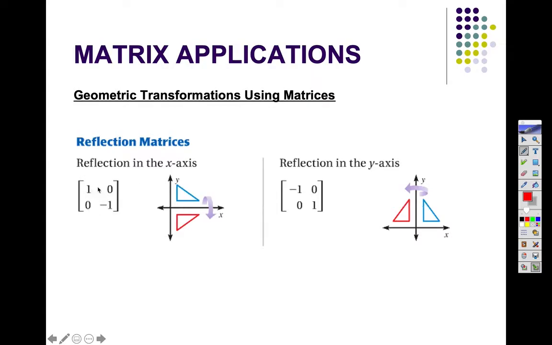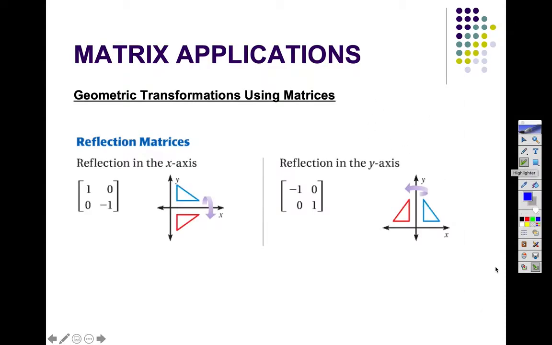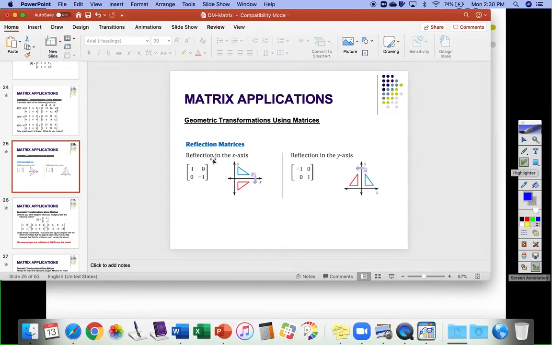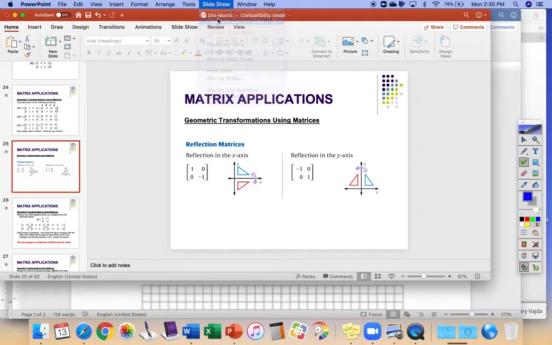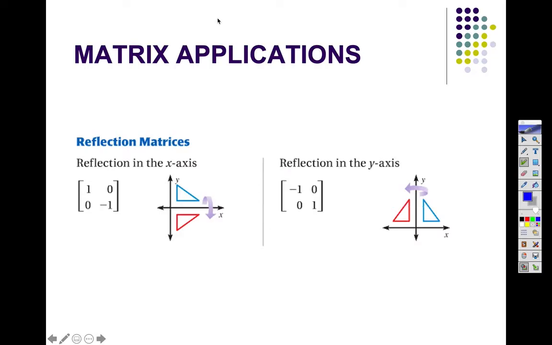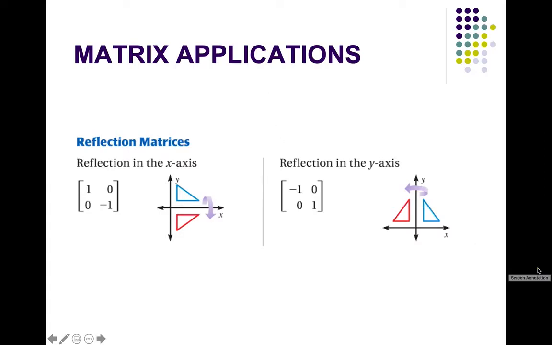But what you do is you take the points of whatever this figure is. I don't think this is working right now. We take whatever this figure is, and you take the points, and you multiply them.